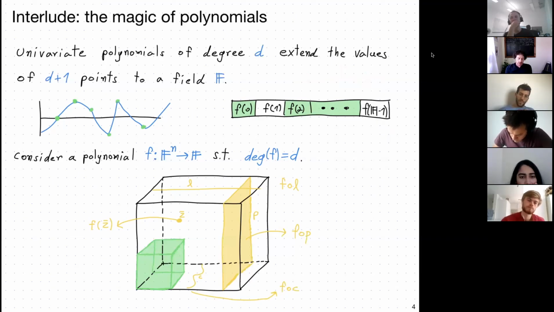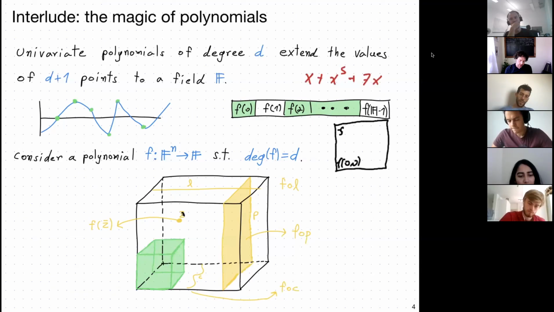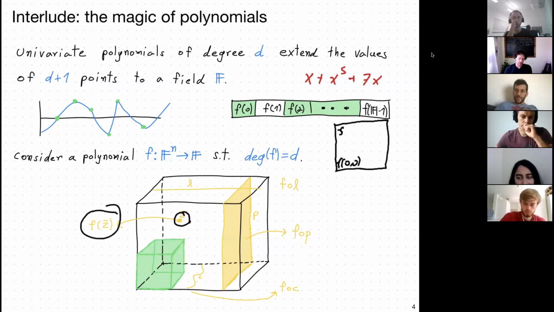Okay, so this cube, imagine that each point in this cube corresponds to some vector x over which we can evaluate the function. And the value of the cube at this point is the value of the function, right? So maybe the best way to see it is to consider this point z. We actually write there in the cube this f of z. Okay, so this is the picture that I want you to have.